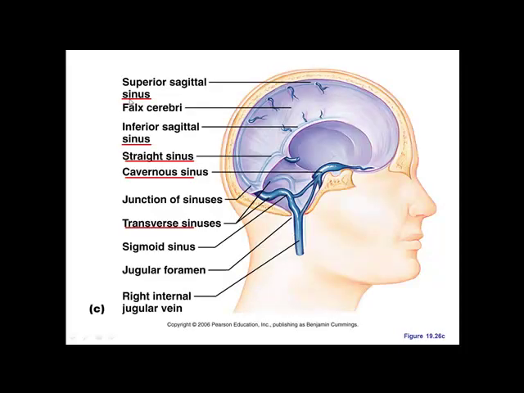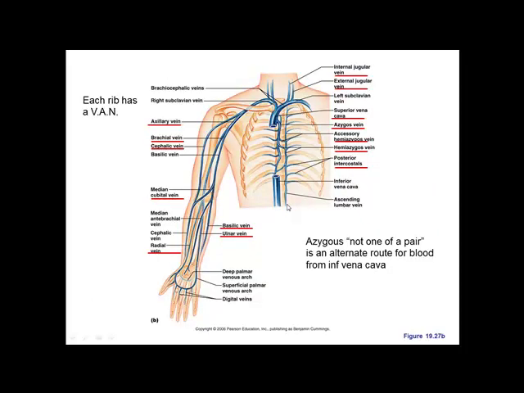For this, I just want you guys to know these couple sinuses. So here's our superior sagittal sinus, inferior sagittal sinus. This constitutes the straight sinus. Here's our cavernous sinus, and then we get a transverse sinus. So that's about all I want you to know from there.